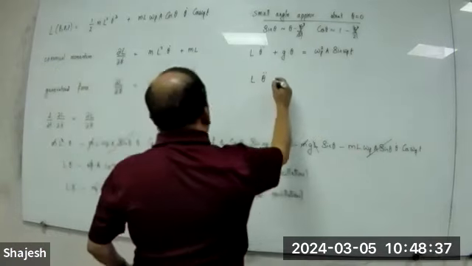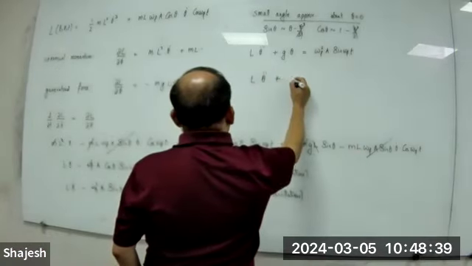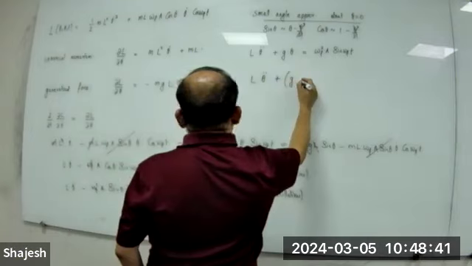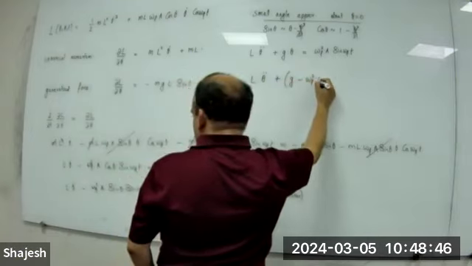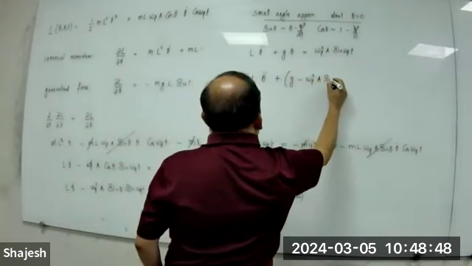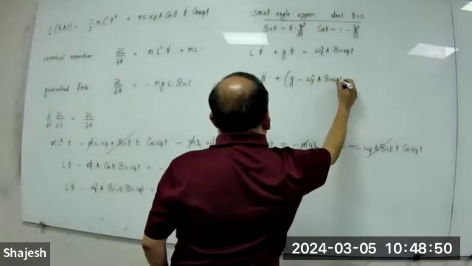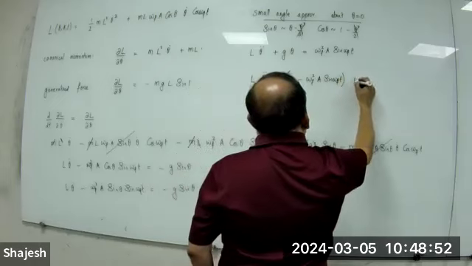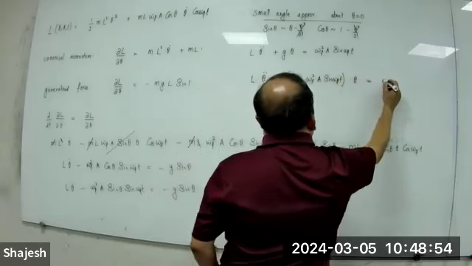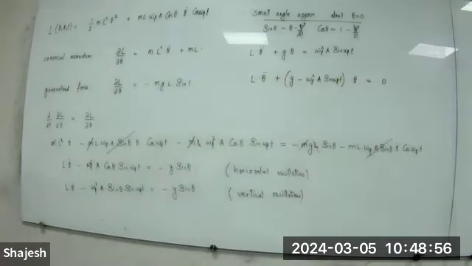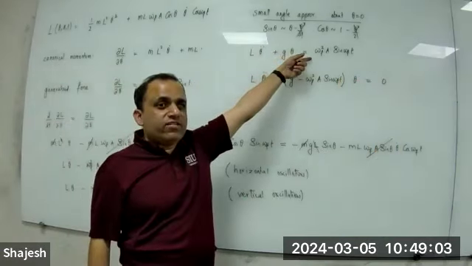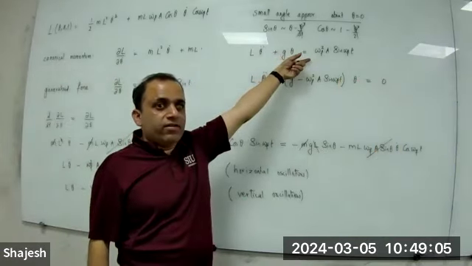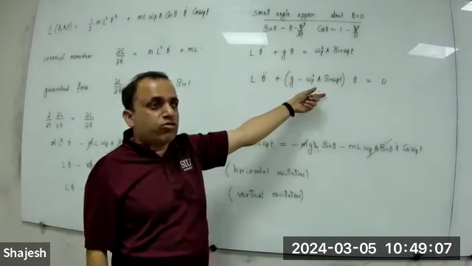So this is equal to plus G minus omega f square times A times sine omega f t times angle theta is equal to 0. So this is significantly different. This we understand, this is a forced oscillation. This one is not a forced oscillation.